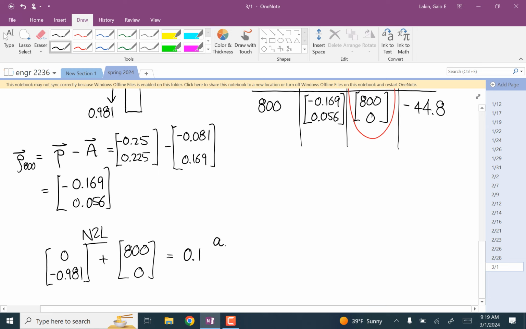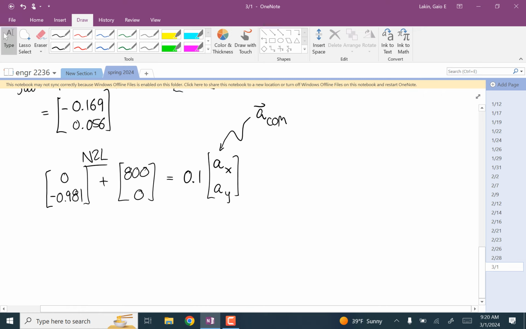I'll call that AX, AY. Remember, Newton's second law says this is the acceleration of the center of mass. And we can calculate these directly from here.